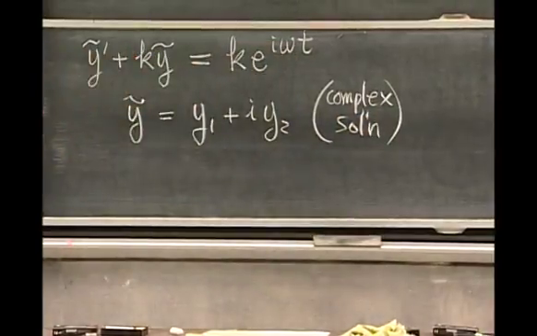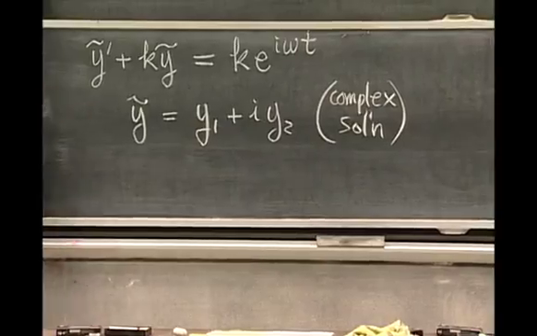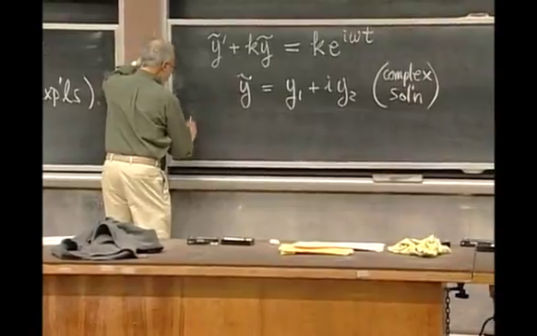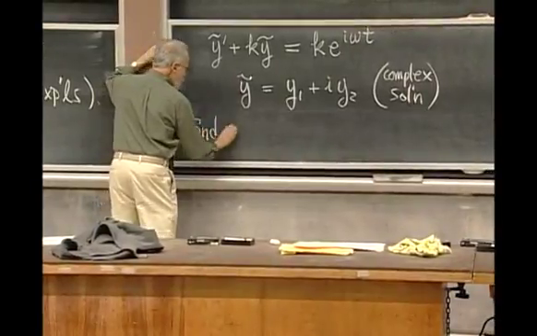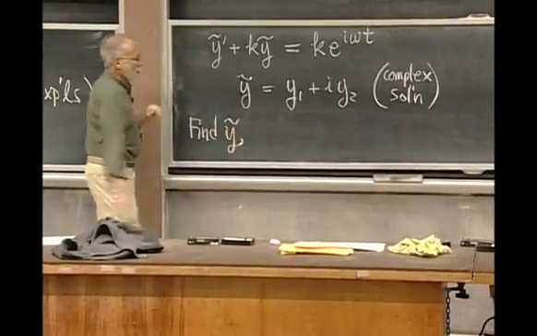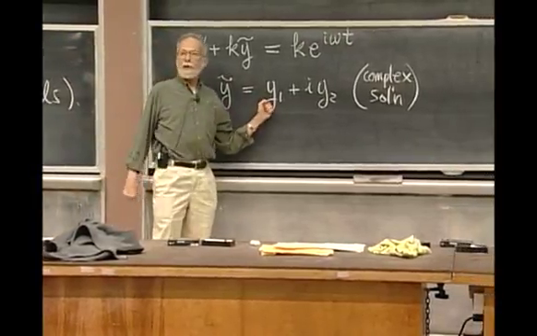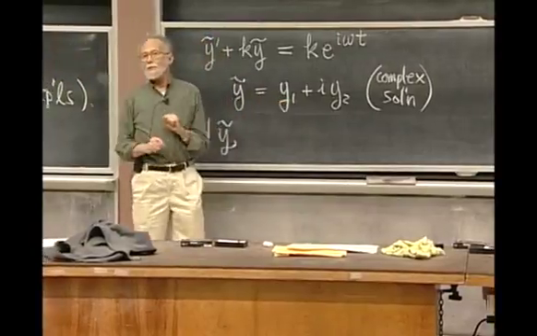So the program is to find y tilde, the complex solution. And then all you have to do is take the real part of that, and that will answer the original problem.